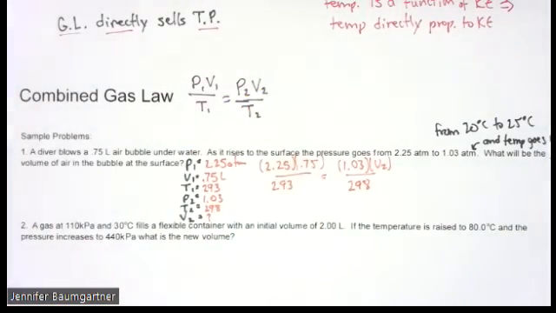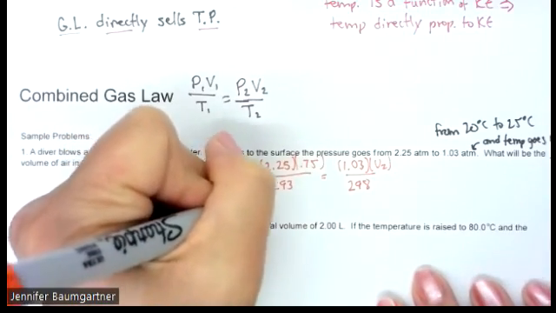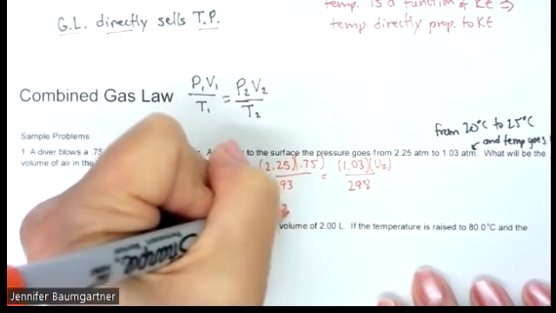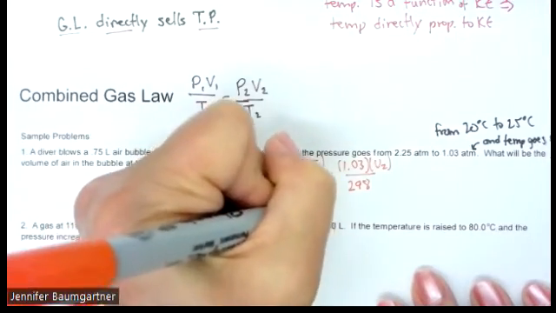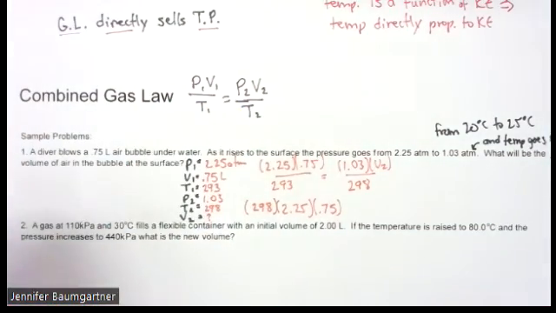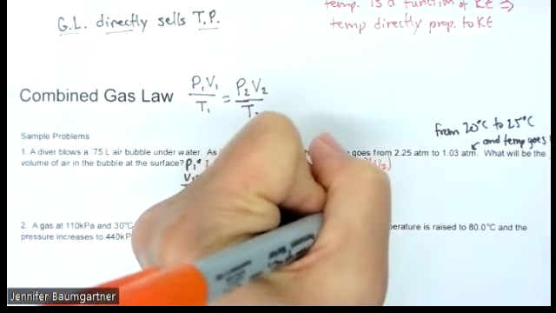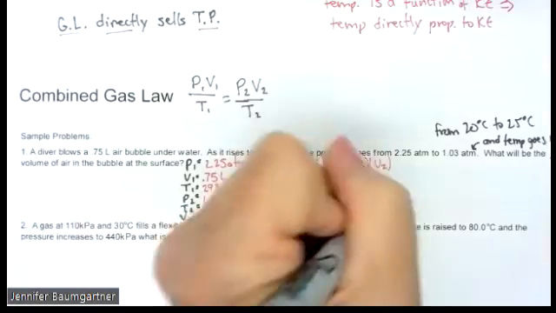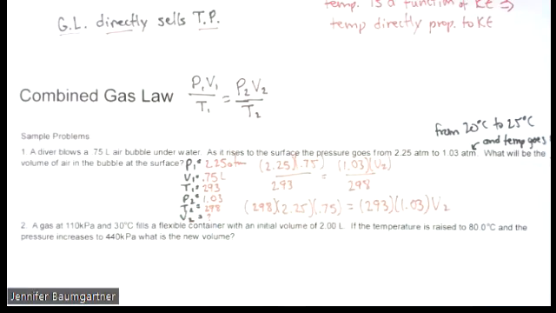Now, just to be clear, you're still going to cross multiply, so your linear equation is going to be 298 times 2.25 times 0.75. And remember, I can have the pressure in atmospheres or kilopascals as long as it matches both sides of the equation. And then on this side, I'm going to have 293 times 1.03 times V2.